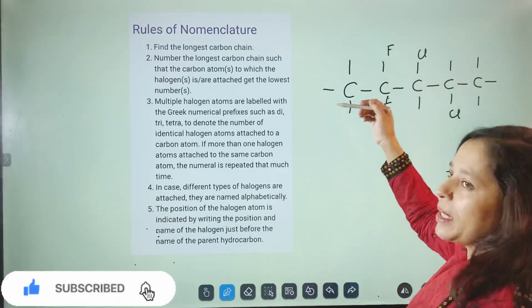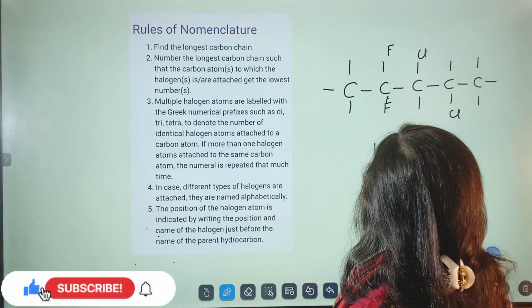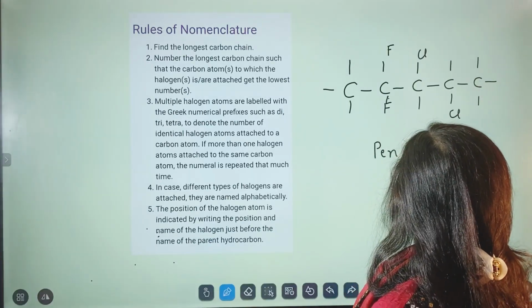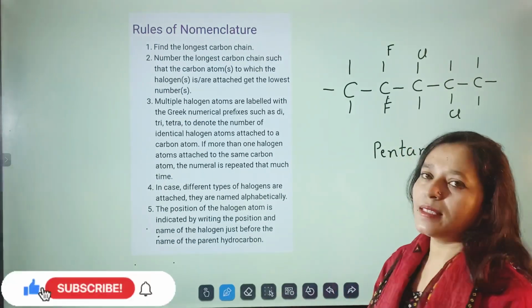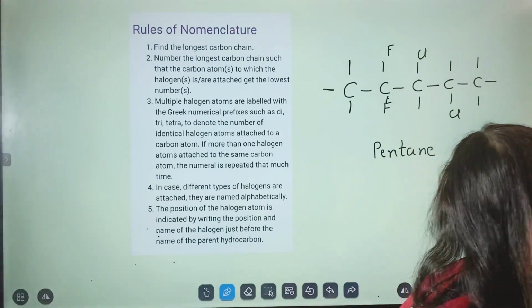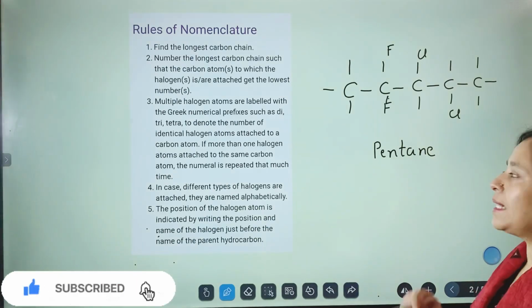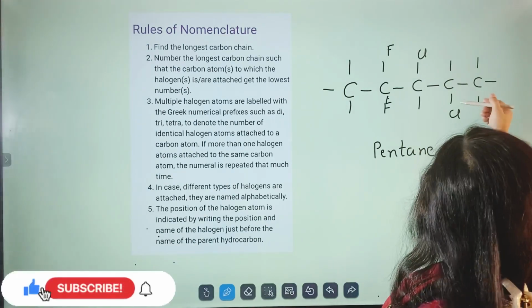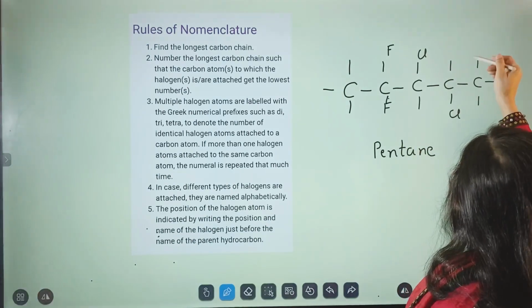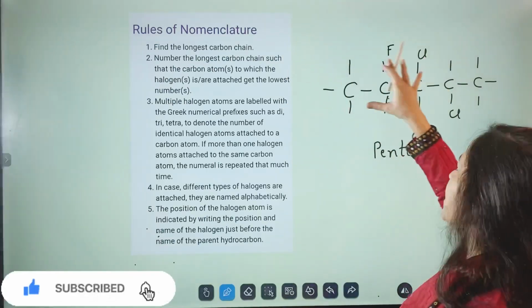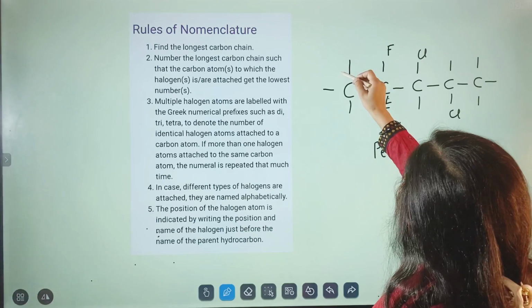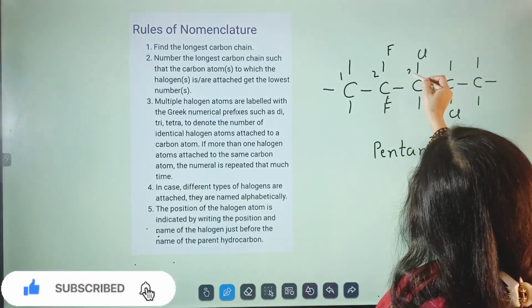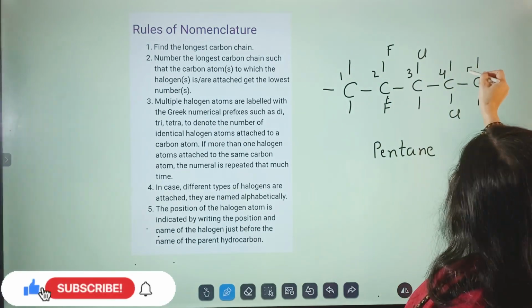First we select the parent chain, 5 carbon atoms, so for 5 we use the word pentane. Then we consider the halogen atoms alphabetically. Which one will come first? That is the chlorine atom. We will start the counting so that the halogen atoms get the lowest numbers. So our counting will start from here: 1, 2, 3, 4 and 5.